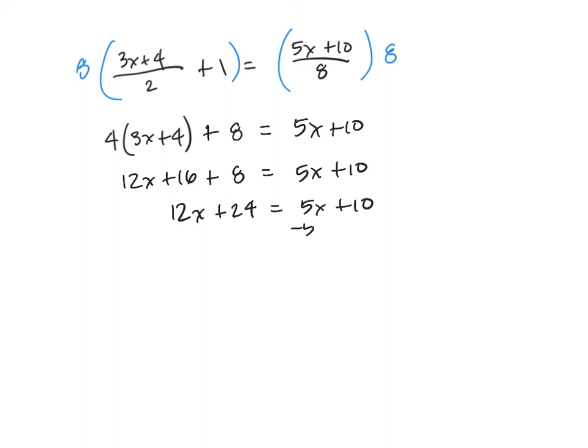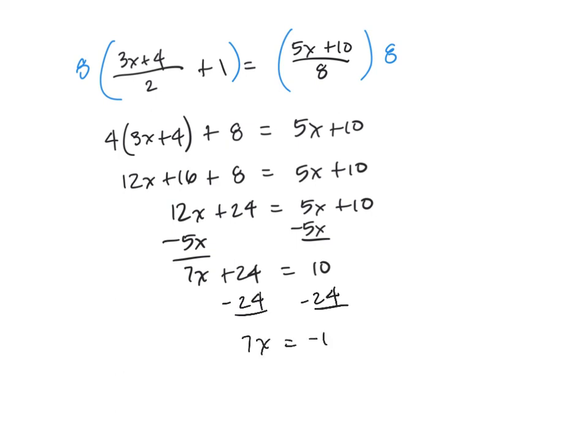And I'm going to subtract the 5x from both sides, get all of our variable terms on the left over here. So now I have that. And we'll subtract our constant away from the variables. So now we have 7x equals negative 14. Divide both sides by 7. And we should get x equals negative 2.